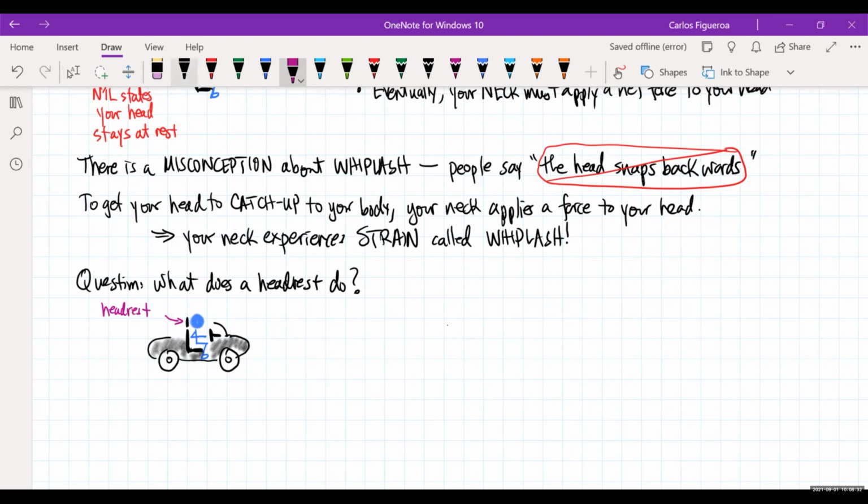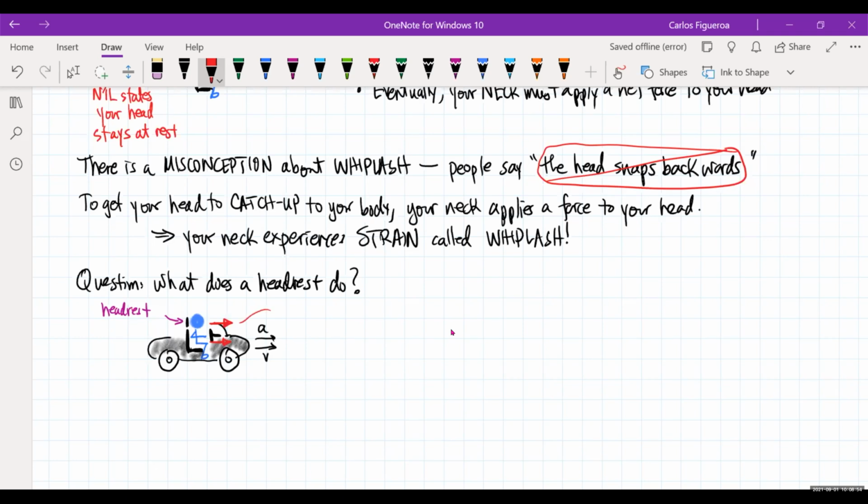So what does that mean? Well, that means you're accelerating in the forward direction here. So what happens when you have the headrest? Well, there's a force pushing on your body, and there's a force pushing on your head.